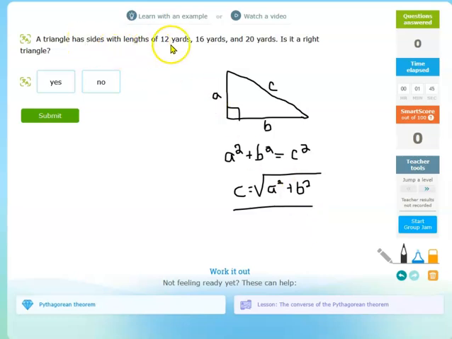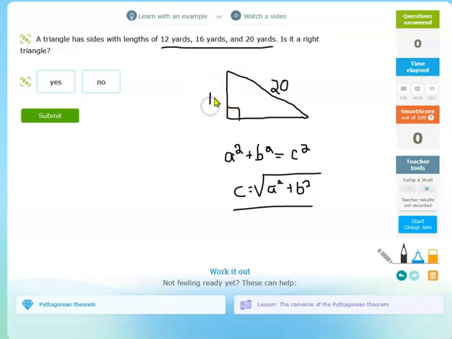It says a triangle has side lengths of 12, 16, and 20 yards. Is it a right triangle? So let's erase the A, B, and C, and label it with these numbers. It really doesn't matter where you put the numbers, except that your biggest number has to be the hypotenuse, because the hypotenuse is the longest side in a right triangle.